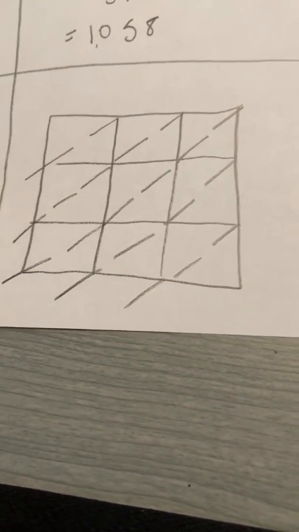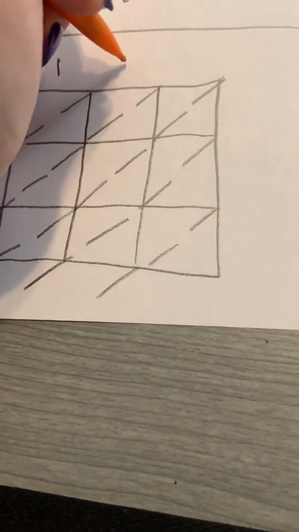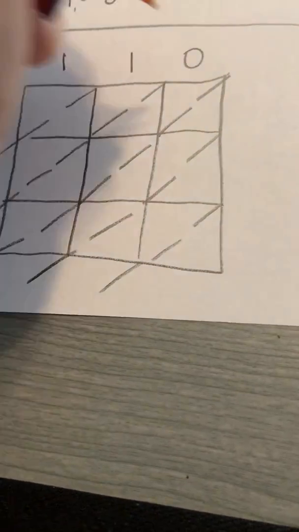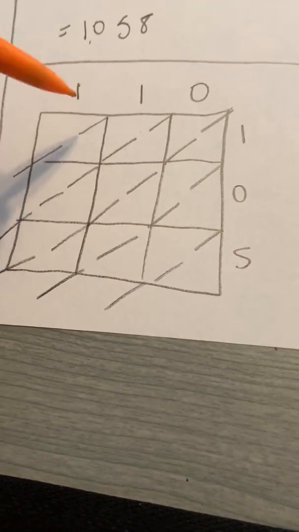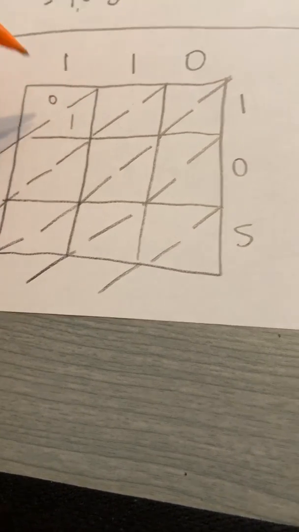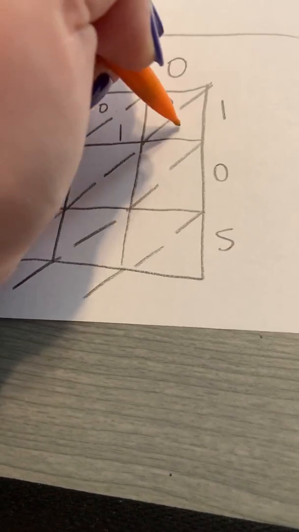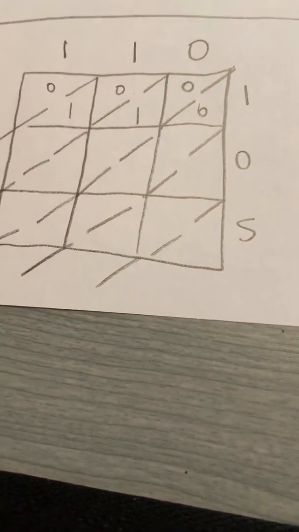Now we go to the lattice method, and we're going to do what we have been doing. You just put the numbers over each of the boxes, then 105, and then multiply them together with the box. So this is going to be 1, this is going to be 1, and this is going to be 0, because 0 times 1 is 0.